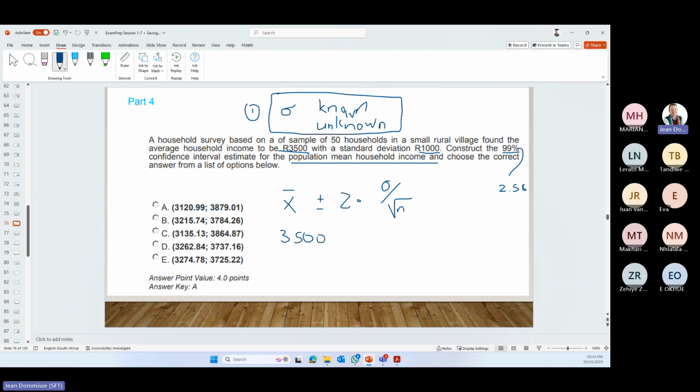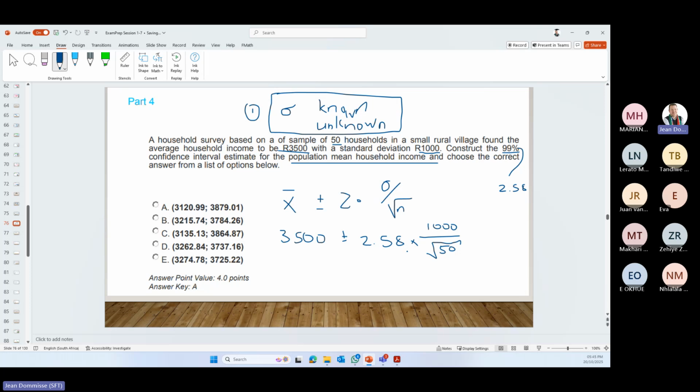So most of them, 3,500 will fall in the middle. 2.58. Standard deviation, 1,000. And then your sample size, 50. So that also looks like it's going to be a big number.